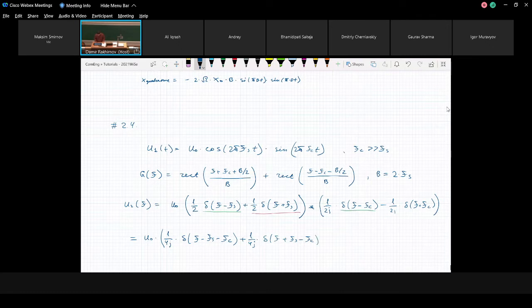So we have plus, minus, sorry, minus 1/4j delta pulse f minus fs, fc, and the final delta pulse, 1/4 delta pulse f plus fs plus fc. That's what we have.